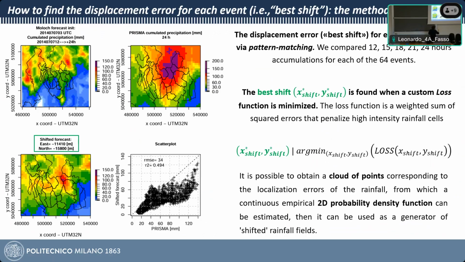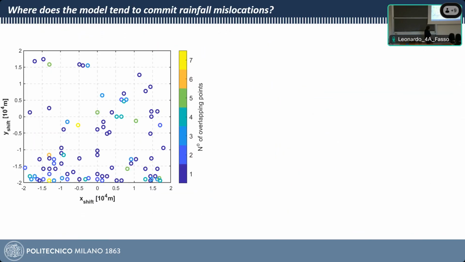Then we can obtain a point cloud of all these displacement vectors. And this point cloud is used to find a probability density function that is able to quantify the error of the meteorological model. And this can indeed be used as a generator of shifted rainfall forecast fields in order to obtain our probabilistic forecast. So this is what we get. Those are all the displacement vectors for all the 64 events and for all the selected rainfall durations.